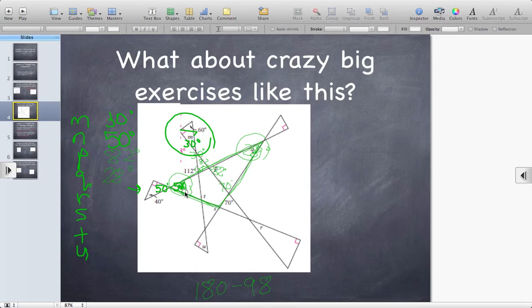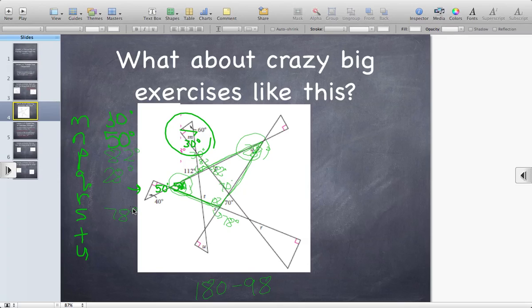So 50 plus 28 is 78, subtract that from 180, that tells me this angle right here is 102 degrees. So that tells me, using linear pair, that angle S is 78 degrees. So I've skipped ahead for just a moment to get that measurement.